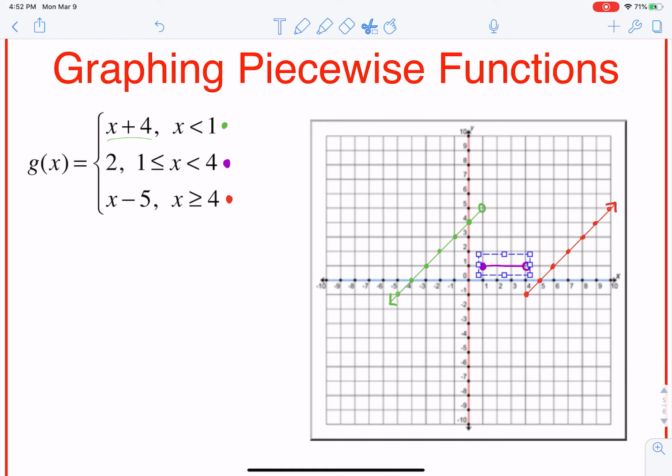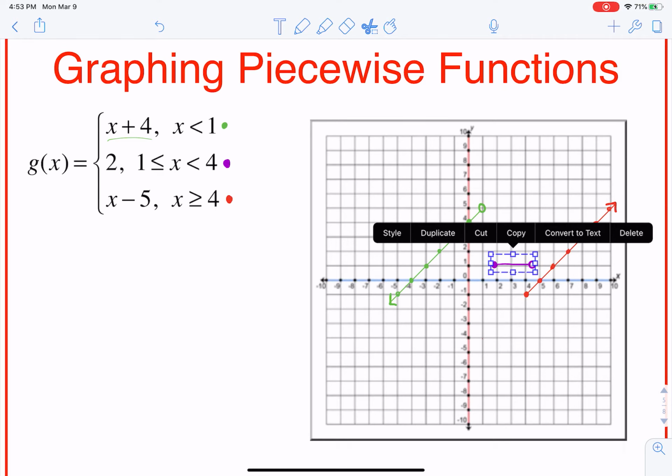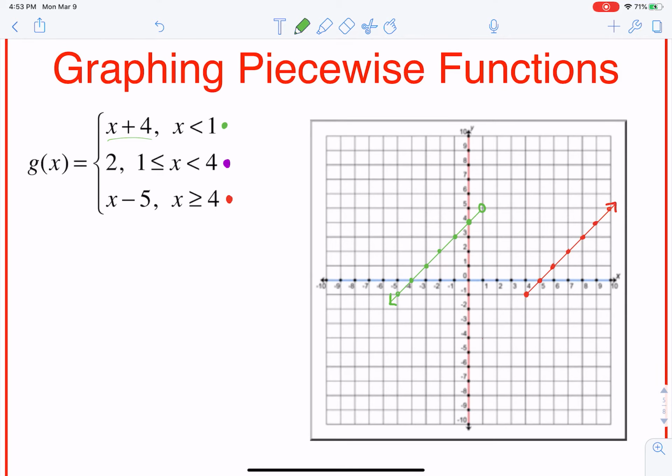I'm just going to take this whole thing and move this. Oh, it's not going to let me move it, is it? Let's delete this, and in my purple, I think I sketched that in at 1, and really I wanted to sketch it in here at 2. So there we go, that was my mistake.